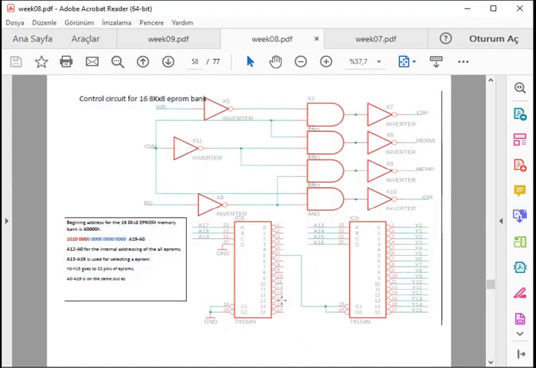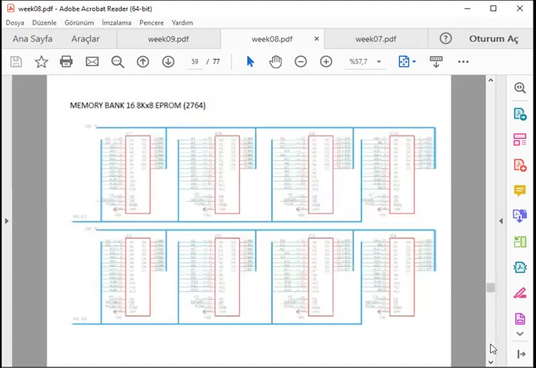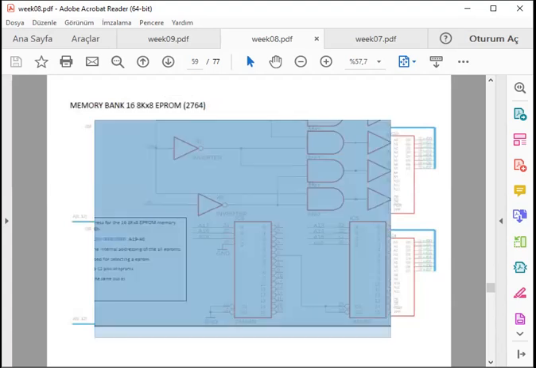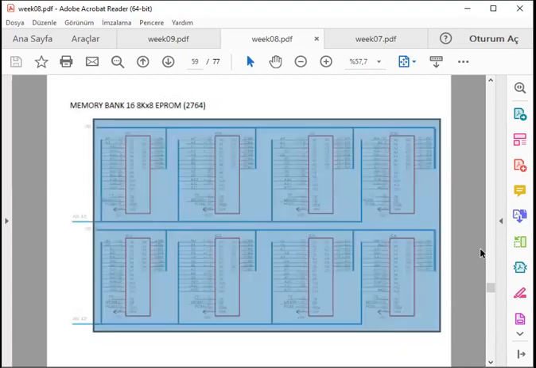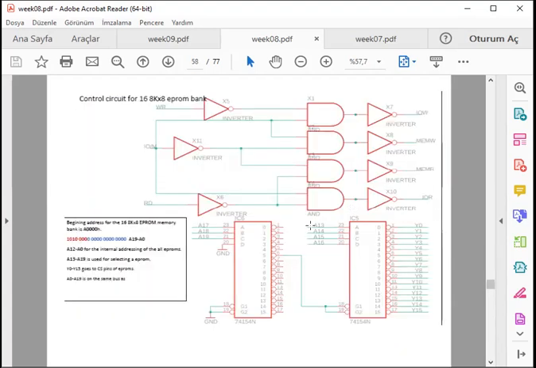And finally, this is the 8 and the other 8. The decoder is actually in the previous page. So these are the 2 enable inputs, 4 selection inputs connected to the addresses, starting from the least significant ones, and it can control 16 memory chips.